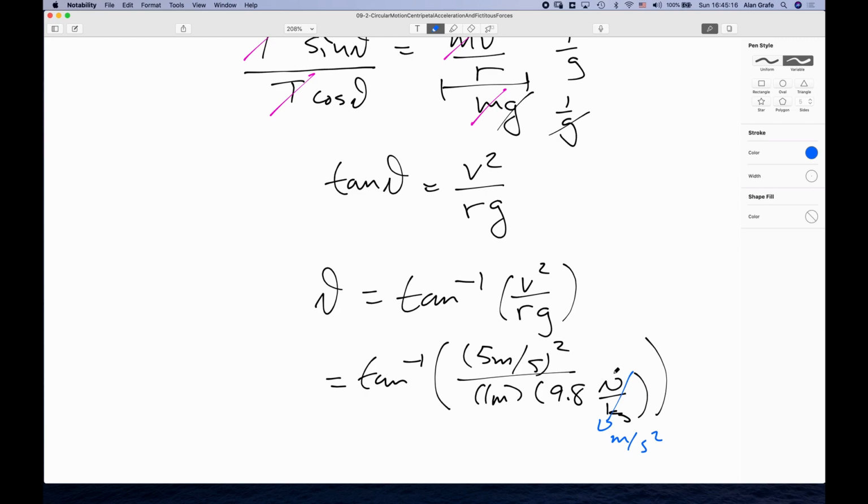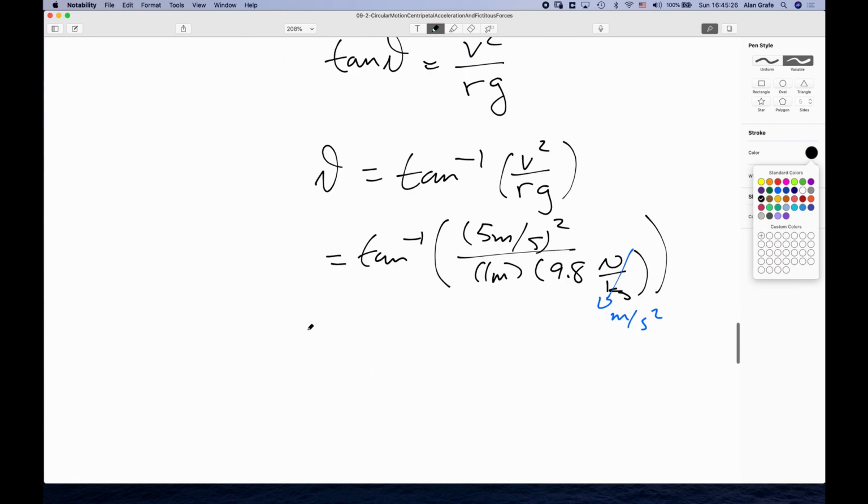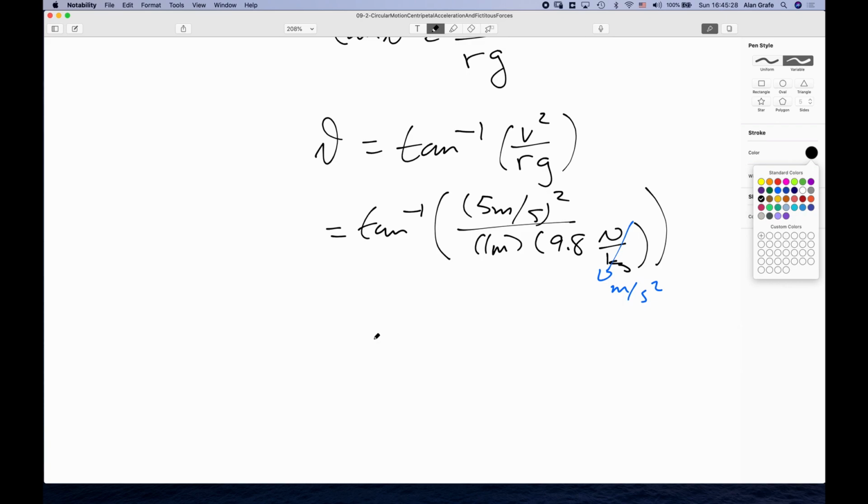So it all cancels. I'm just taking the arctangent of a number, which is what has to happen because it does not make sense to take the arctangent of a unit. So anyway, when you punch this number into your calculator, you get that the angle is 68.6 degrees.